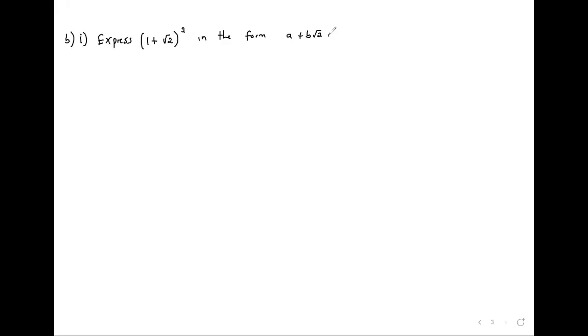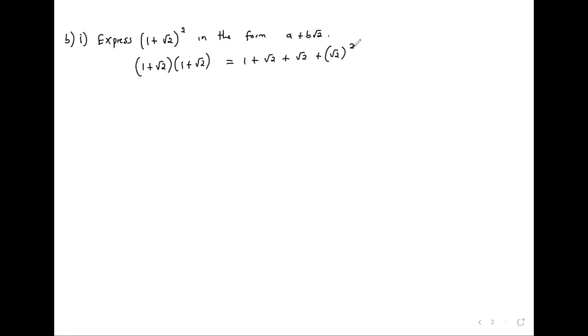Okay, so you see there's no denominator here. It's just almost in that form. The only thing that is making it not to be in that form is the square. So this guy multiplied by itself is what the square means. So you get 1 plus root 2 plus root 2 plus root 2 squared.